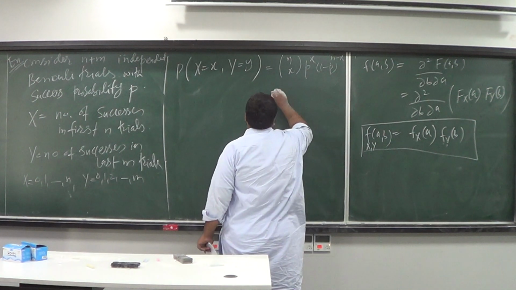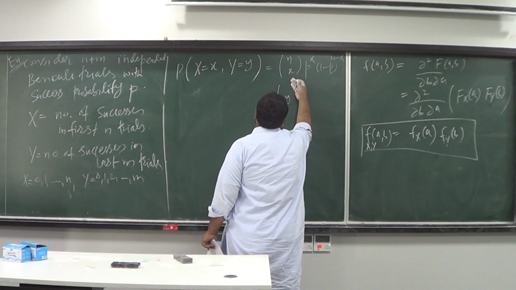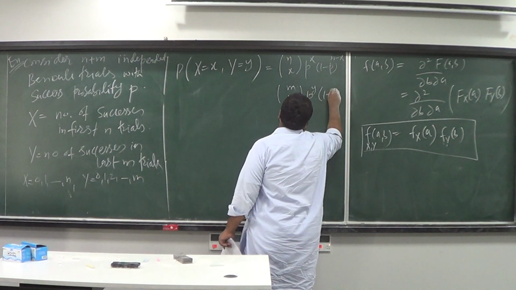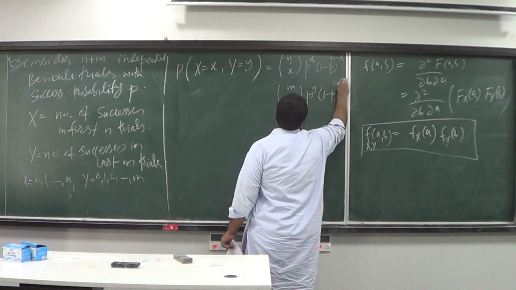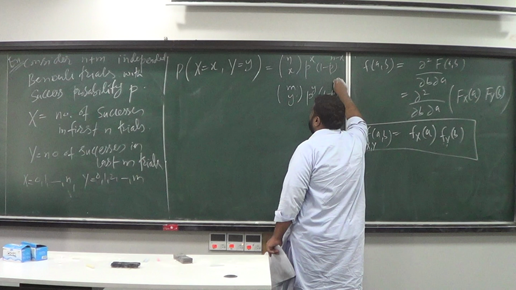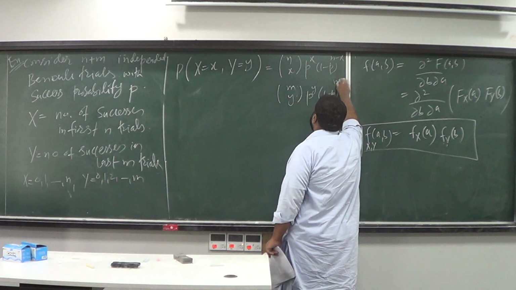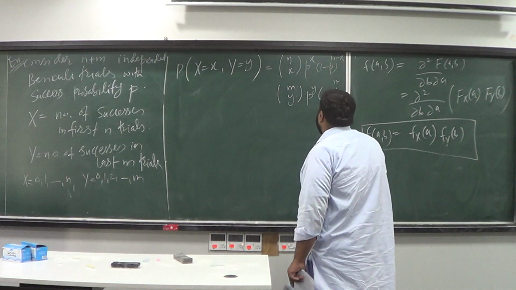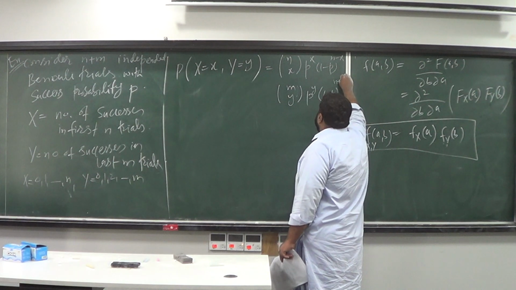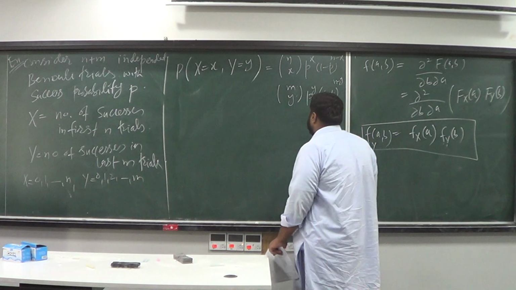And y successes out of the last m trials is m choose y times p to the power y and 1 minus p to the power m minus y.